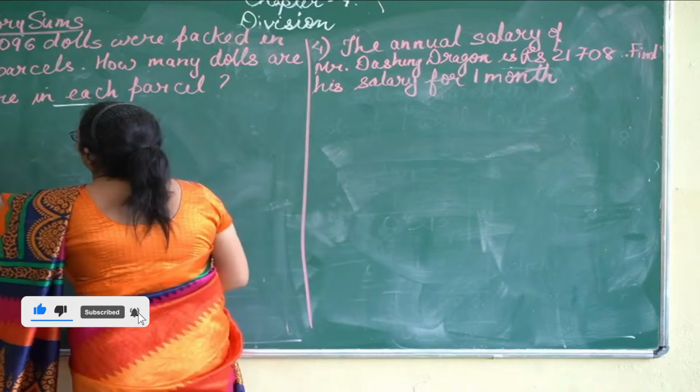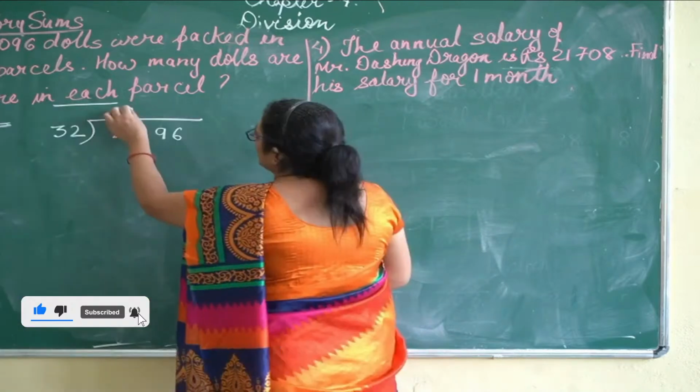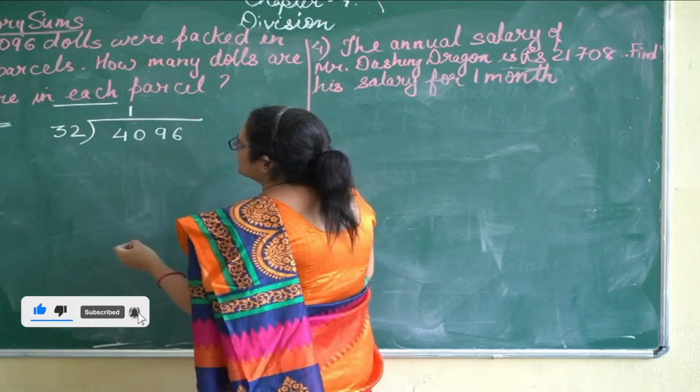So 4,096 divided by 32. In the table of 32, does 40 come? No. So smaller than 40 is 32. 32 comes in the table of 32 one time. 32 ones are 32.